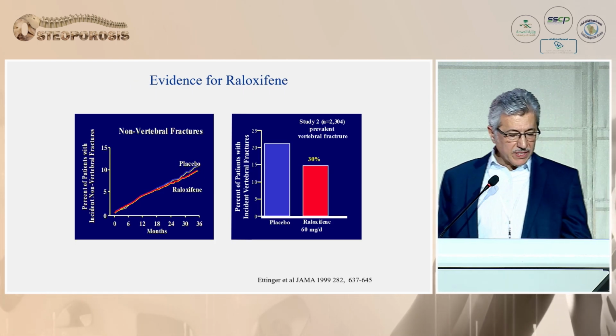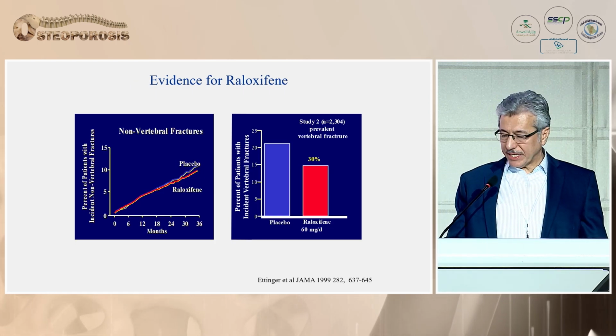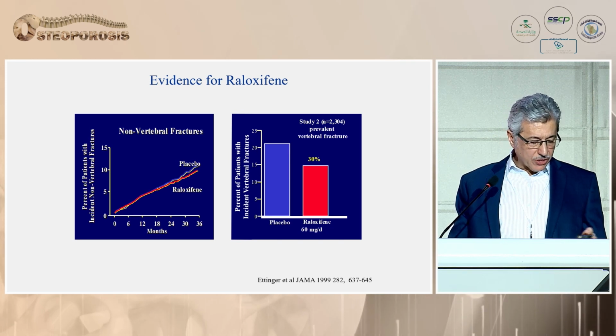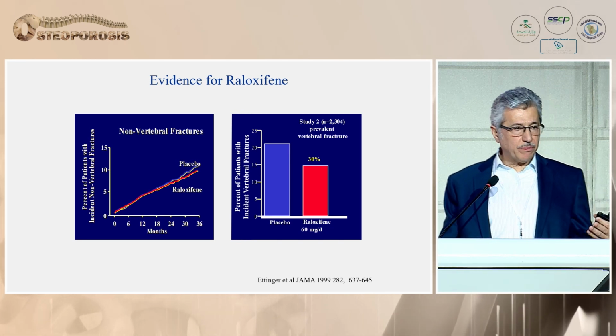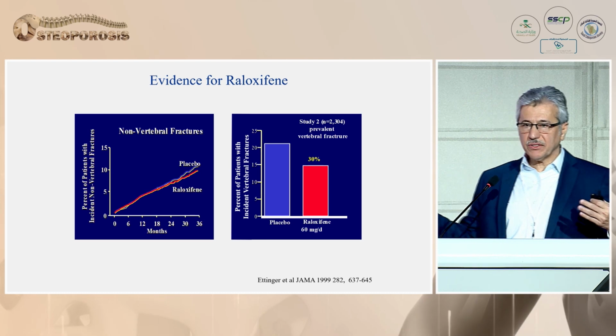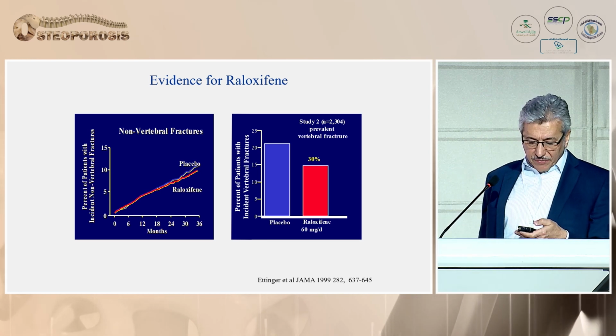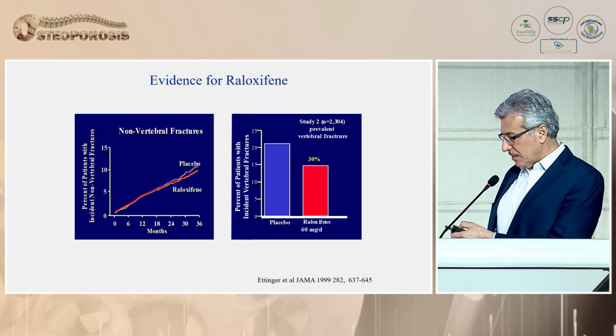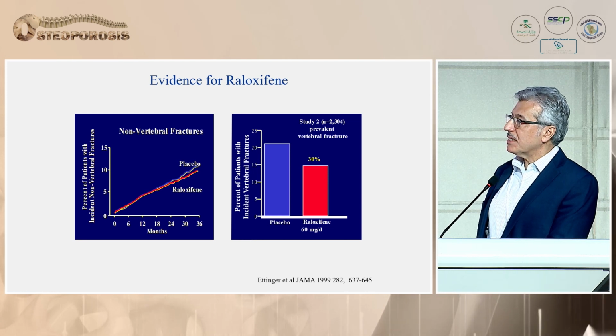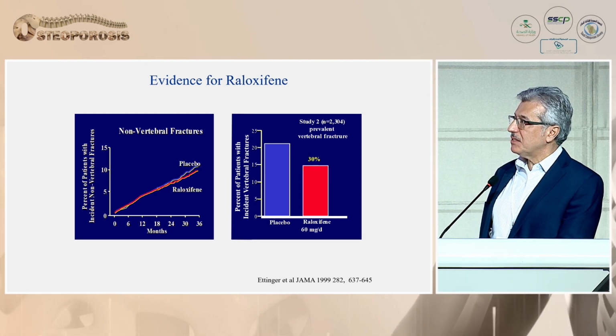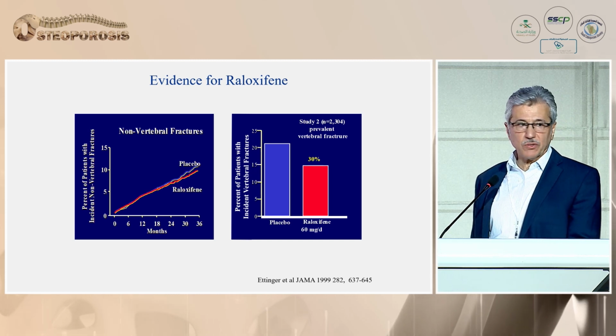Now, for raloxifene, this is an estrogen-like agent. However, it does not have a bad effect on the breast. Actually, it decreased breast cancer. The evidence for it in the MORE study was only in decreasing vertebral fracture and did not show a decrease in non-vertebral fracture.